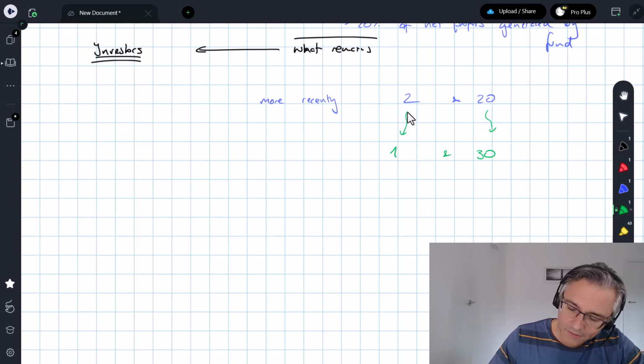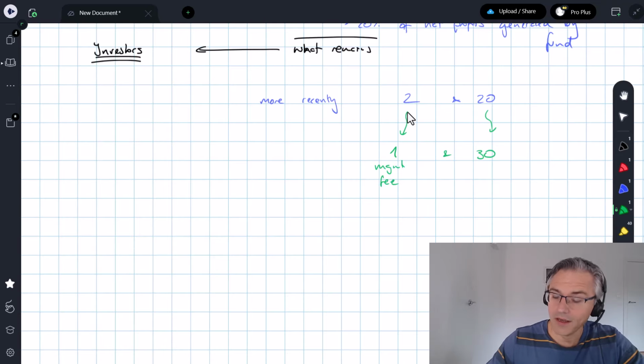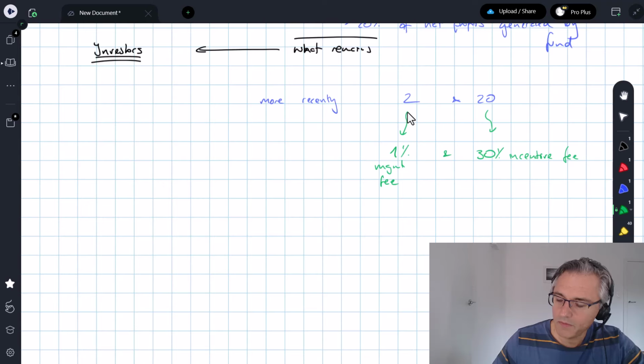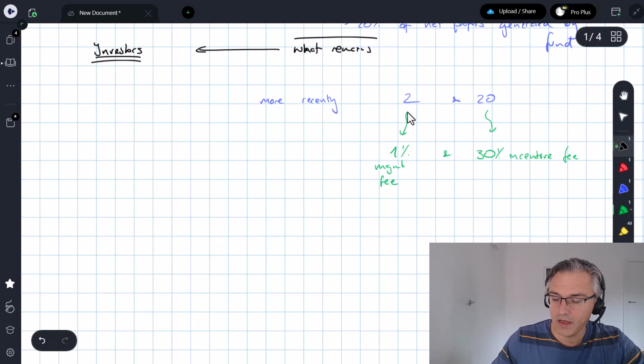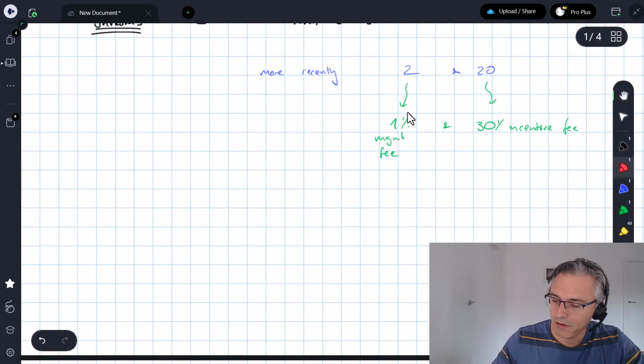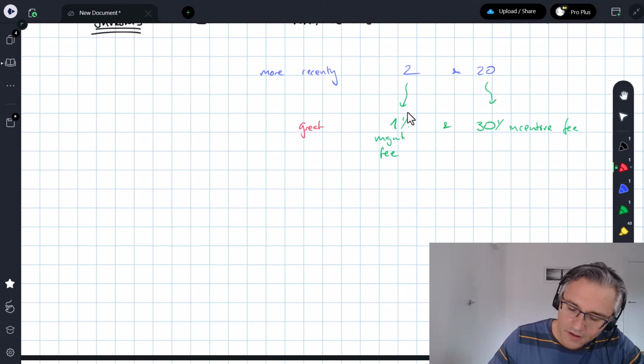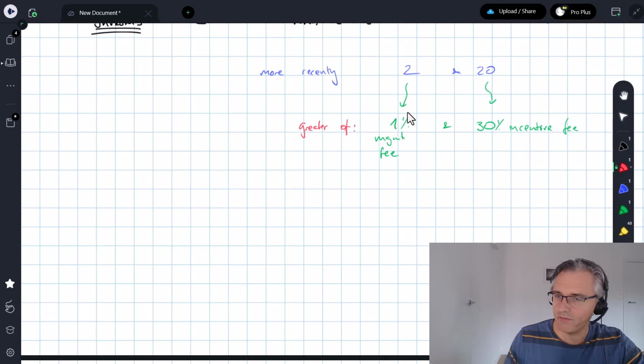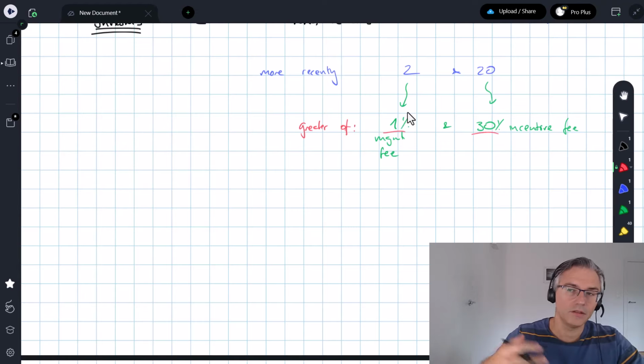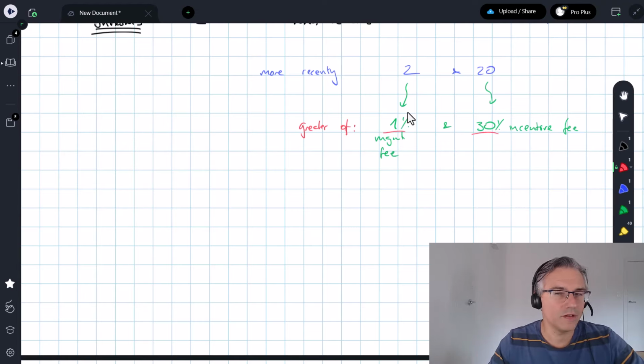So once again, the first number would be the management fee, and the second number would be the incentive fee, both expressed in percentages here. So 1% management fee, 30% incentive. However, the way your book talks about it is that this is the greater of. So managers receive the greater of a 1% management fee and 30% incentive fee.